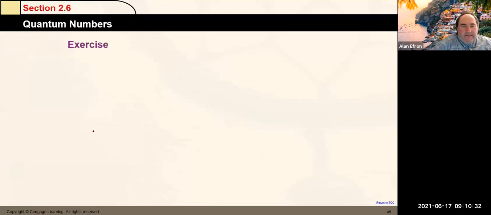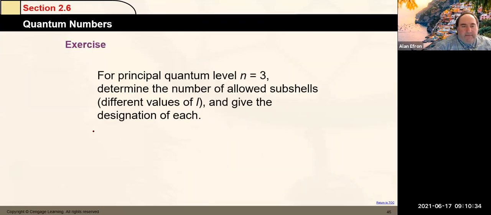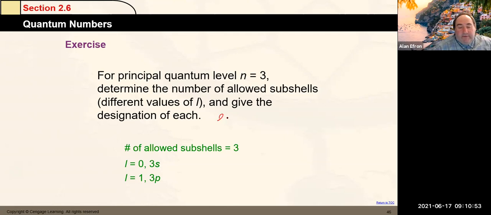All right, let's see here. I think we covered this one in our little talk there, but for n equals 3, determine the allowed subshells, the different L values, and give the designation. So obviously, if n is equal to 3, we could have, like we saw earlier, our L values running from 0 to 1 to 2.